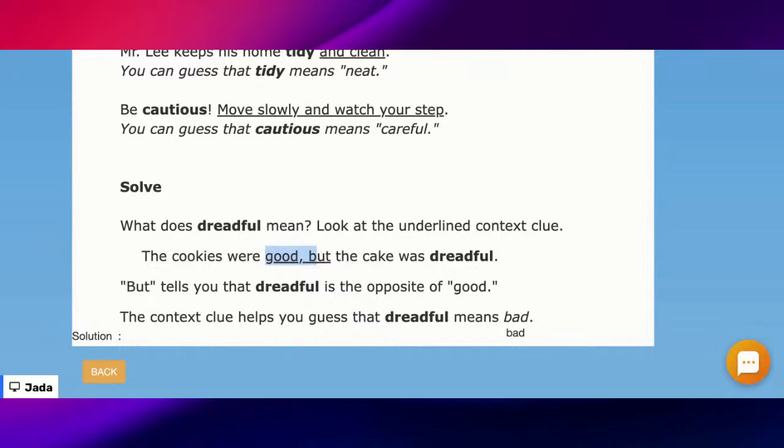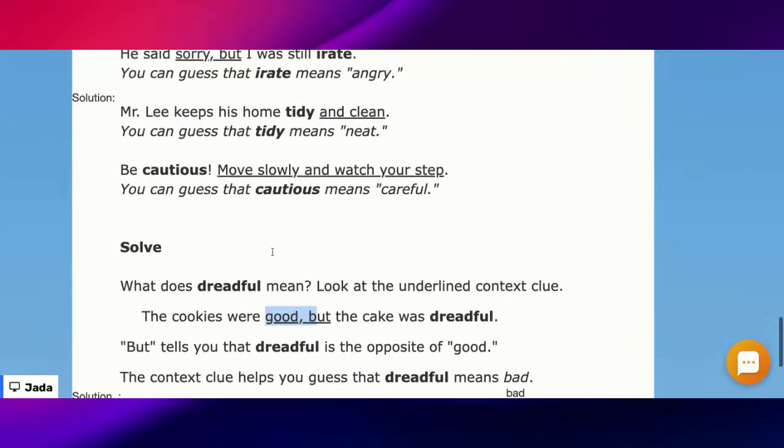So dreadful means bad. That means the cookies were good, but the cake was bad. So let's see some more examples for the context clue.